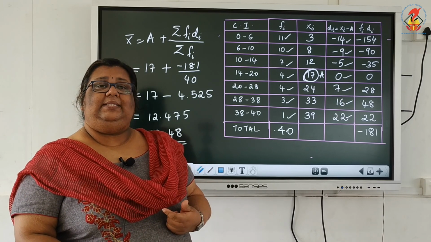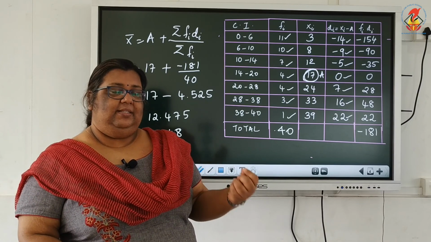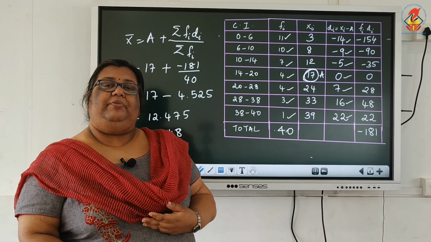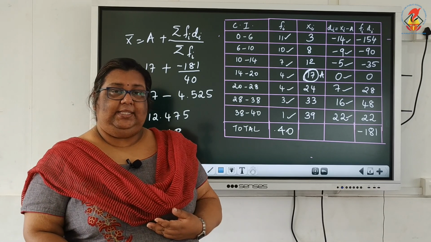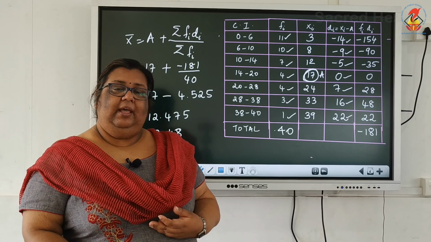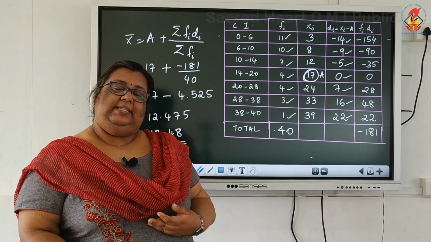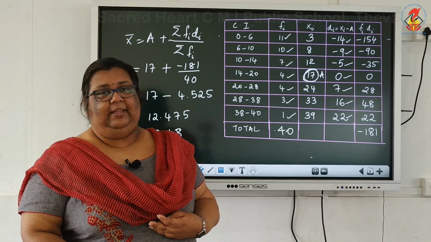Second method, assumed mean method. We take one of the xi's as the assumed mean, then we subtract it, and then we find the arithmetic mean with the help of the formula. X bar is equal to A plus sigma fi di by sigma fi, where di is equal to xi minus A. Okay, learn the formulas thoroughly. Thank you.